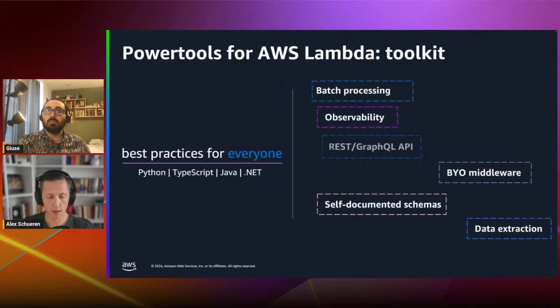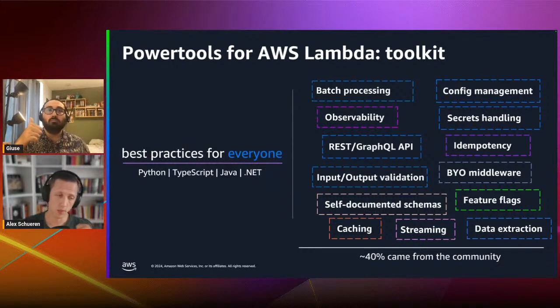So let me proceed. It started with observability, and we said, okay, these are things that we think are interesting for developers and make life easier. But over time, we identified more areas where we can introduce best practice and also opinionated solutions. And 50% of all these other utilities that we have developed came actually from the community, where the community started to see the value in this open source project.